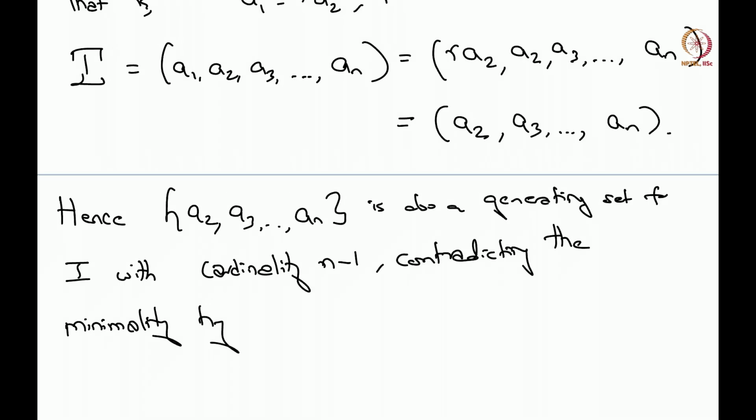So n was the smallest cardinality amongst all generating sets, but we've just produced a new generating set that has cardinality 1 less than n.